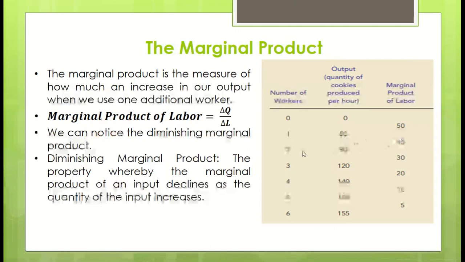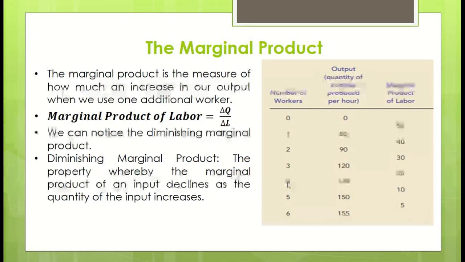If labor input increases from 2 to 3, then the change in output is 120 minus 90, that is 30. Likewise, if the labor input increases from 3 to 4, then the change in output is 140 minus 120, and the marginal product of labor is 20.